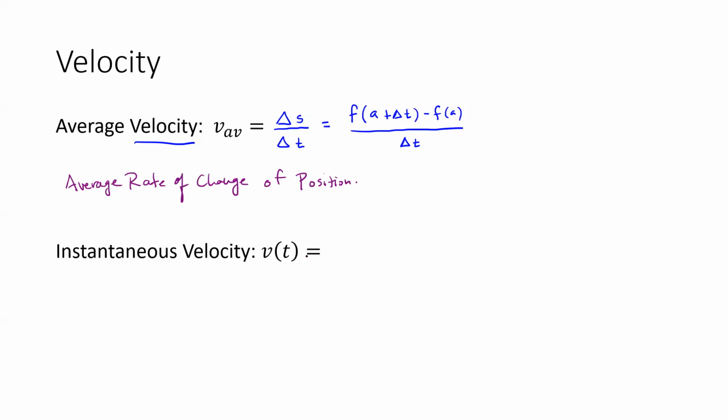And then, of course, we can transform this like we've done with derivatives. To think about velocity, we can think about what happens here as delta t goes to 0. So the instantaneous velocity would be taking the limit as delta t goes to 0 of our average velocity.